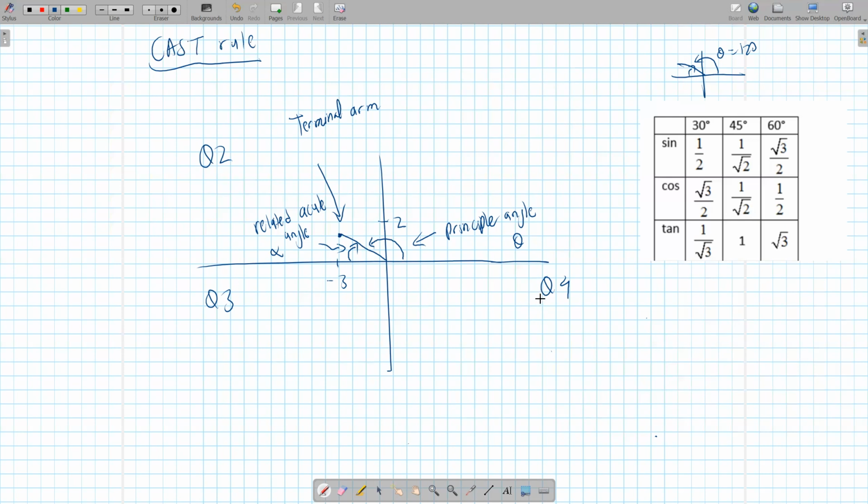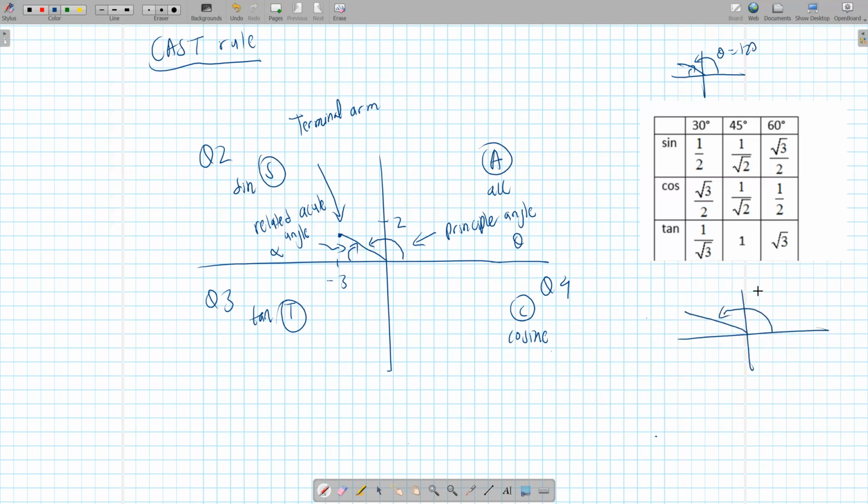In the fourth quadrant, only cosine is positive, denoted by the C. In the first quadrant, everything is positive, denoted by the A. In the second quadrant, everything is positive except sine, denoted by S. And then the third quadrant, it's tan T. C-A-S-T, the cast rule.